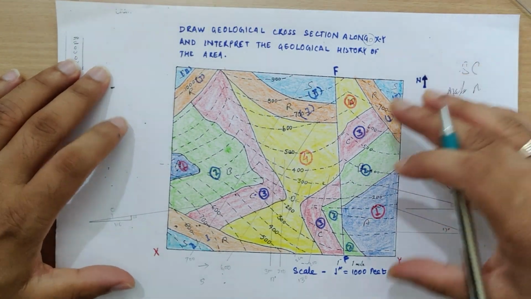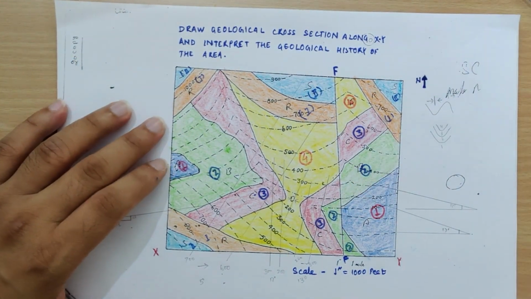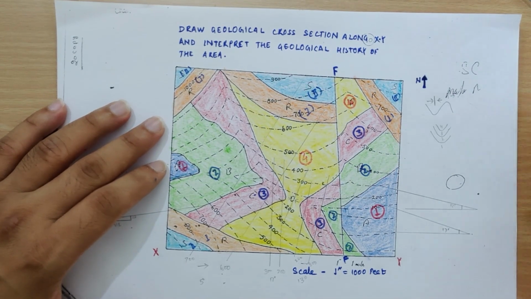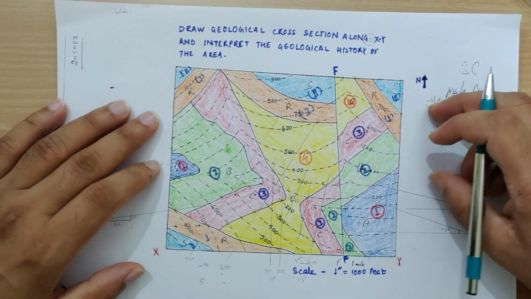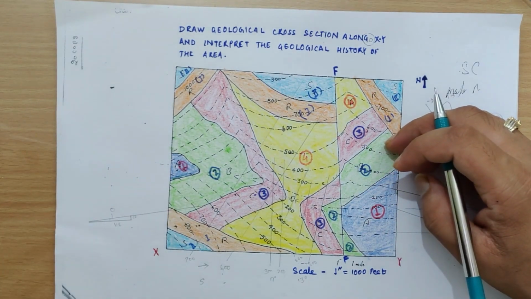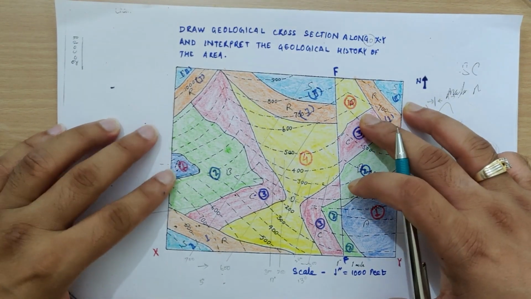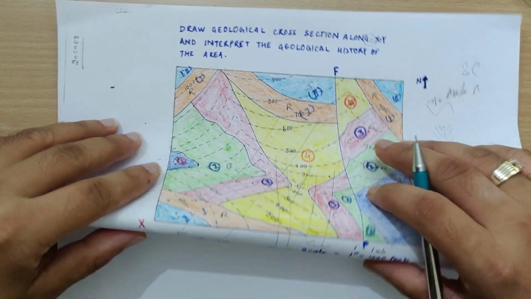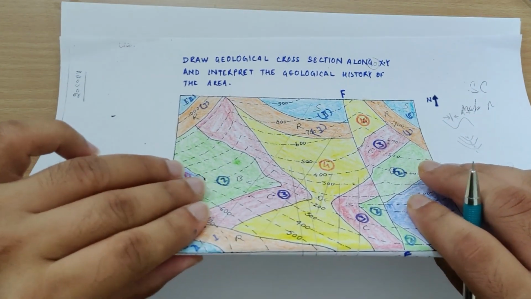Now we can plot this particular map. In order to plot this map, either we can make use of some strips, or we can in fact fold this map. So let's fold this map to save the time.